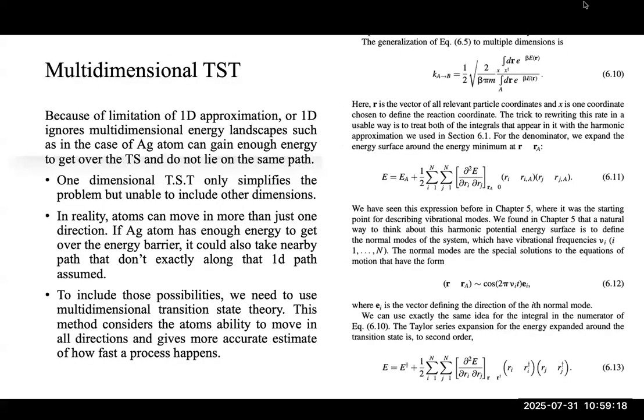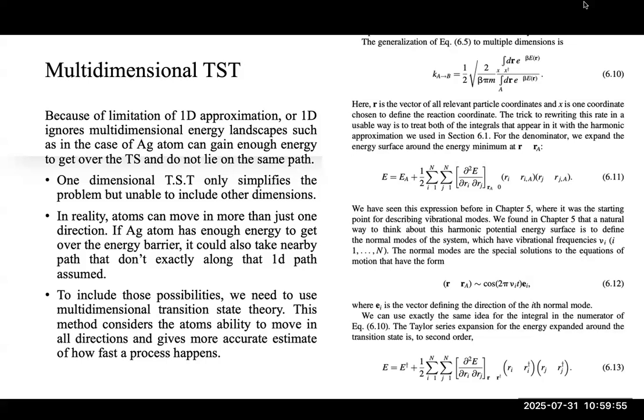Okay. So now I'm going to talk about the multidimensional transition state theory. One-dimensional transition state theory cannot include all the other possible directions when the atom hops over the barrier. Suppose silver is going through this path, and when the silver atom crosses the energy barrier point, it may take a different path.